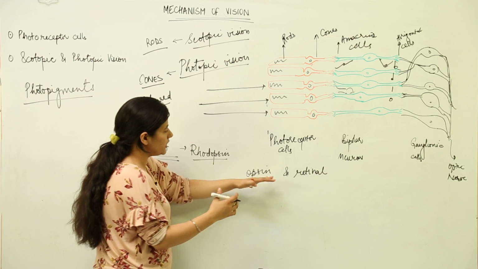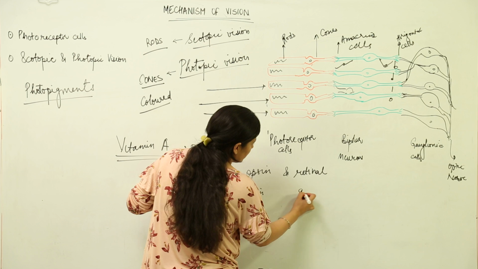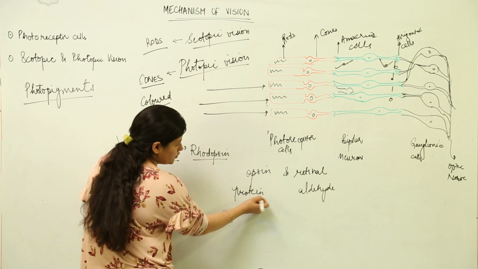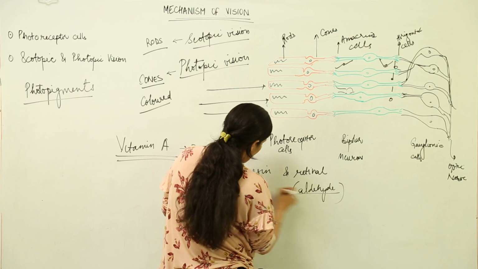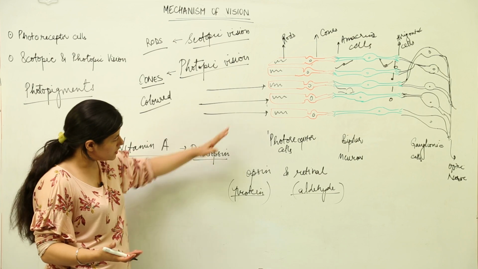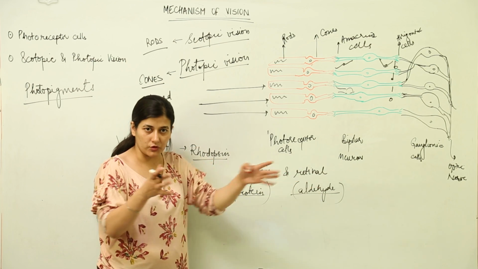Now this opsin is a protein while retinal is an aldehyde. Talking about their biochemistry, we have these 2 points, opsin and retinal. When the light comes and strikes the rods or the cones, the opsin gets dissociated from the retinal. They both are present together.